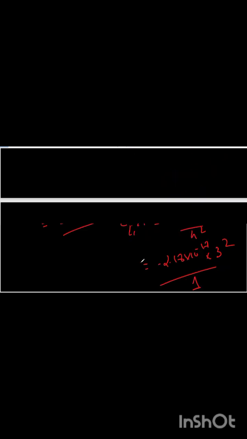It comes out to be approximately minus 19 point something times 10 to the power minus 18 only, since 9 2s are 18. In option 1, it is 10 to the power minus 18, and in option 3 it is 10 to the power minus 16. So option 3 is not correct. Option 1 is the correct answer. The values of RH and a0 are given, so we need not memorize them.